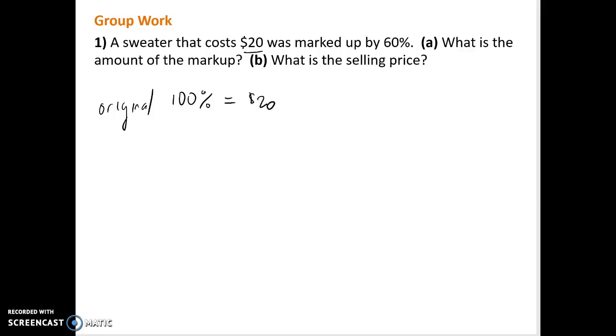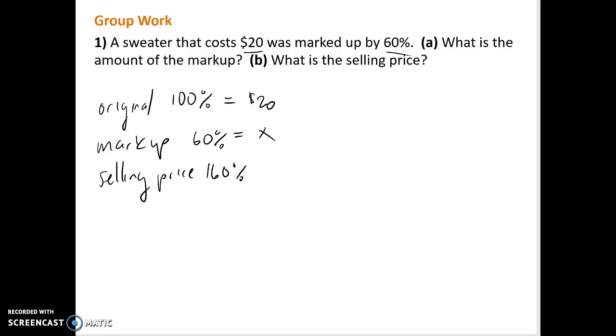The markup, that's going to be 60%, and we don't know what that is. And finally, the selling price. This is going to be 160%.